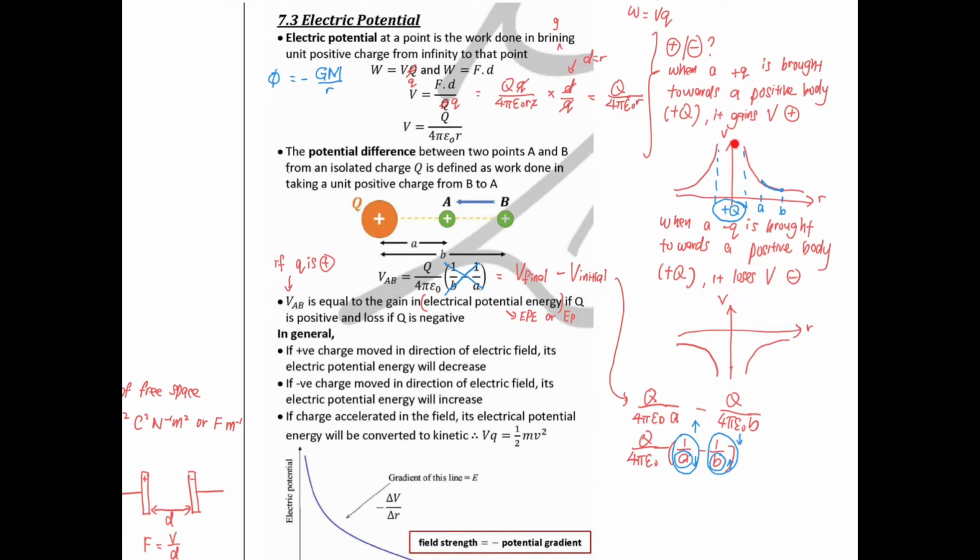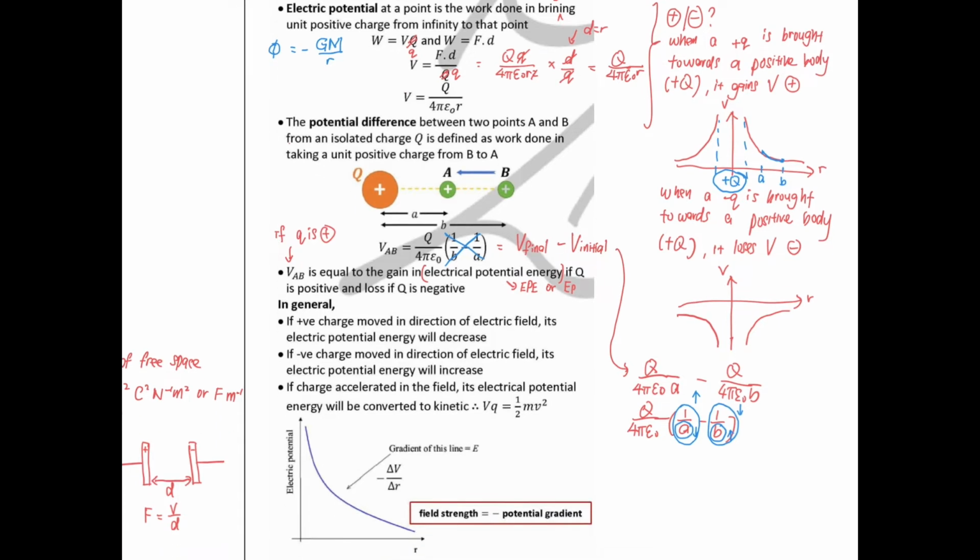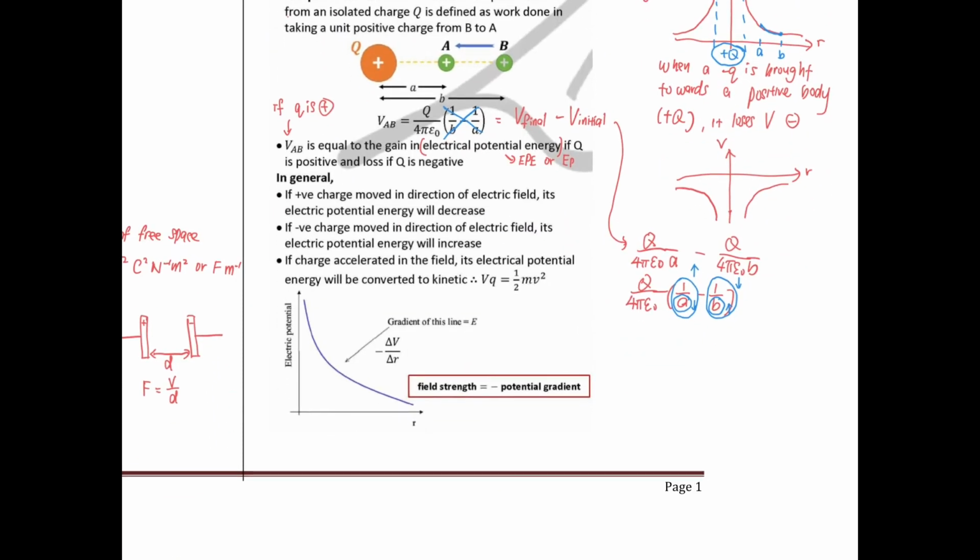The only difference is that just now this was electric potential, and now this is electric potential energy. So we have to know the difference between electric potential and electric potential energy. I put it at the side here first before we look at that statement again, as a note.